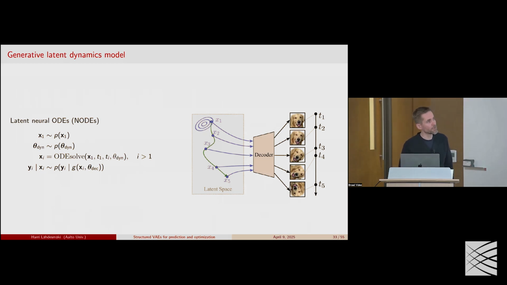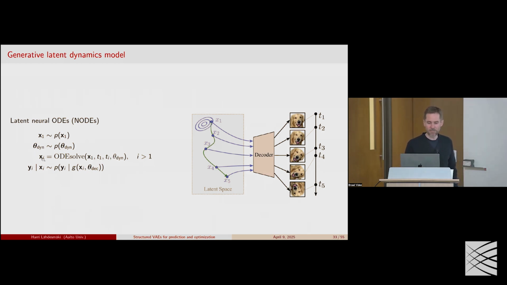We are using the latent neural ODE as our starting point, where the initial state in the latent space is sampled from some prior distribution. We sample the parameters of the dynamics model, assuming that they are also modeled probabilistically.